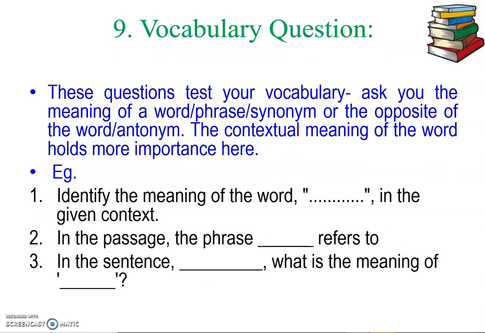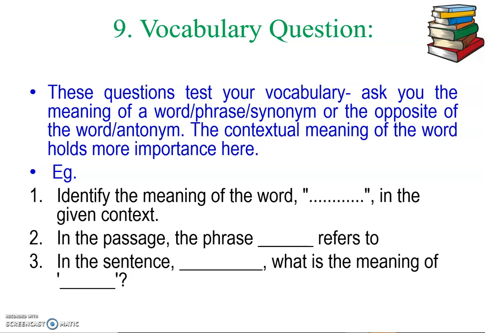So the next category of question is the vocabulary question. These questions basically aim to test your vocabulary, asking you the meaning of words or a phrase, a synonym or opposite of a word. The contextual meaning of the word holds more importance here. For example, synonyms may be asked.